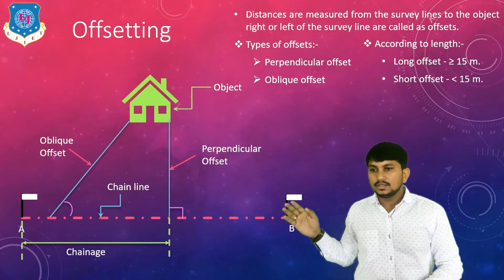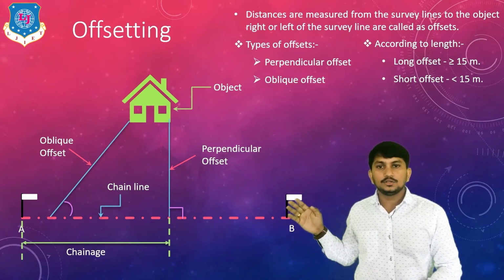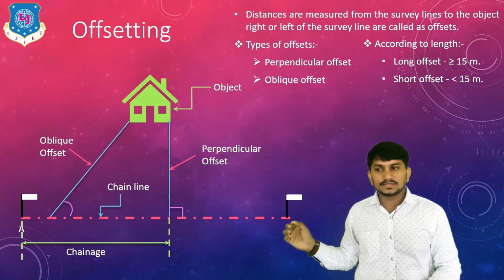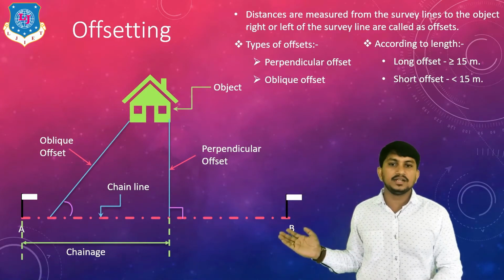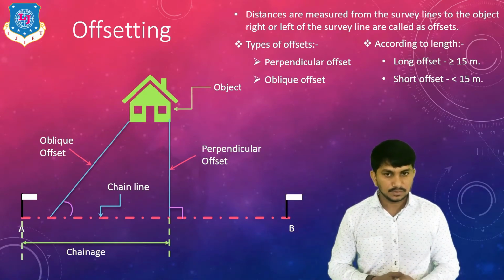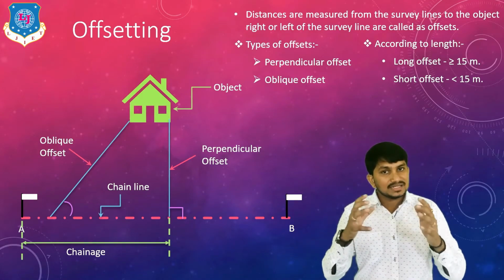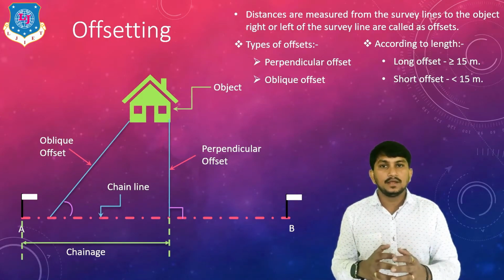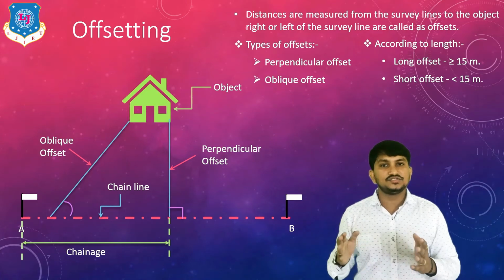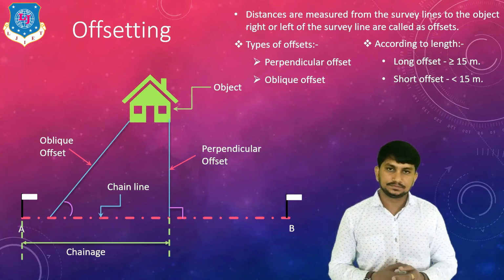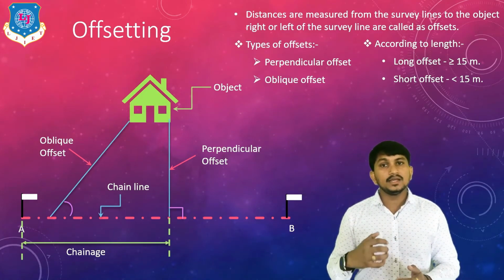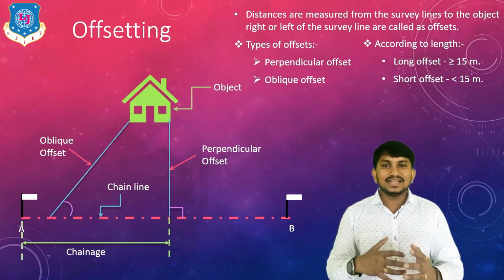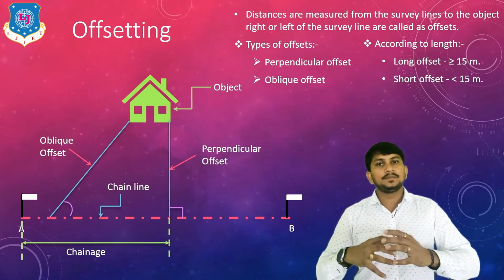The distance between the main station and the point of offset is called the chain edge. You can clearly see the chain edge. In chain survey drawing, we have to find out the offsets and chain edge for each object. This is usually done for plotting the objects after preparing the map.